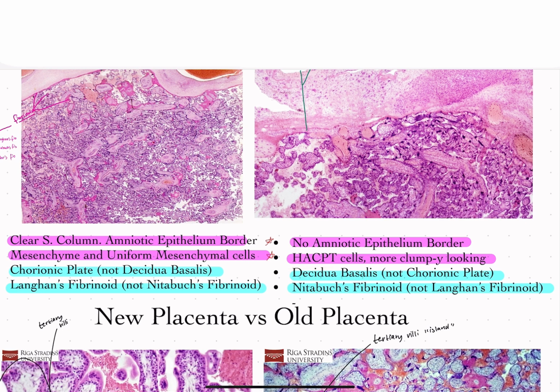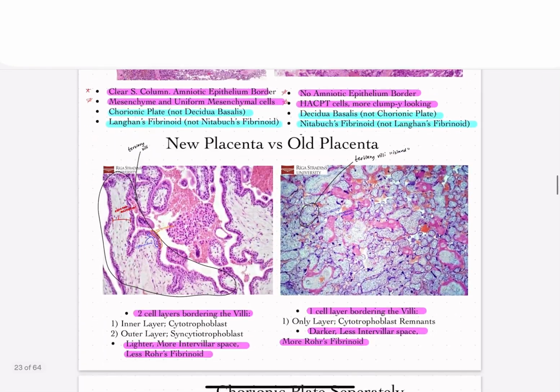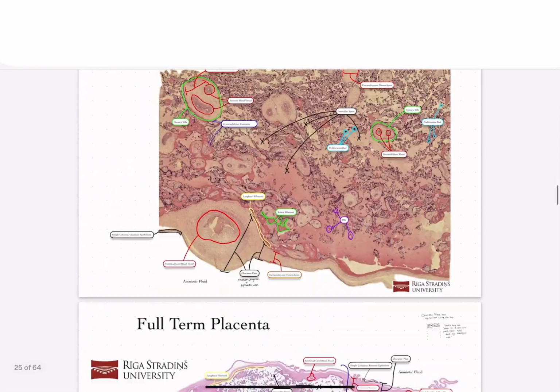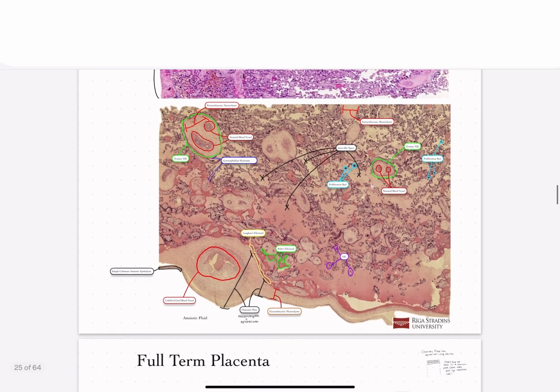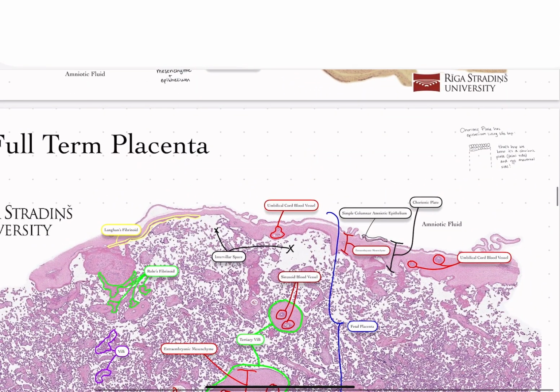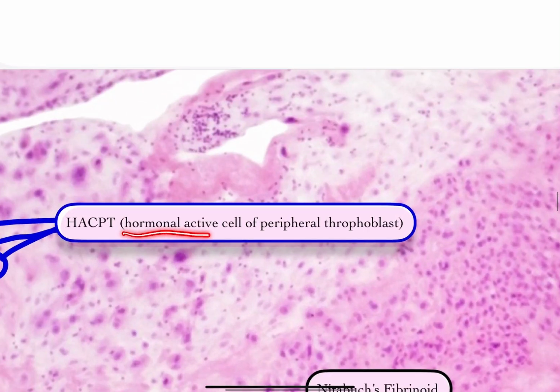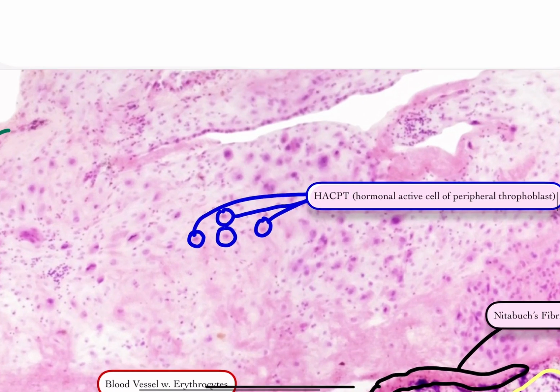Now you must spell these out during the colloquium. What does HACPT stand for? Let me find them. That's full term. Here we go. Hormonal active cell of peripheral trophoblasts. Not proliferating, sorry, peripheral. And they look something like this.